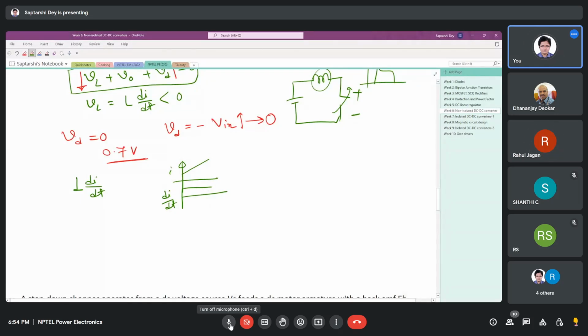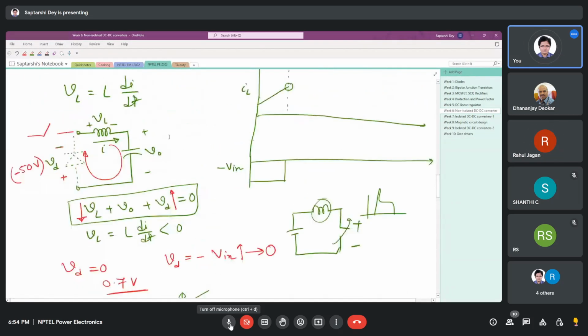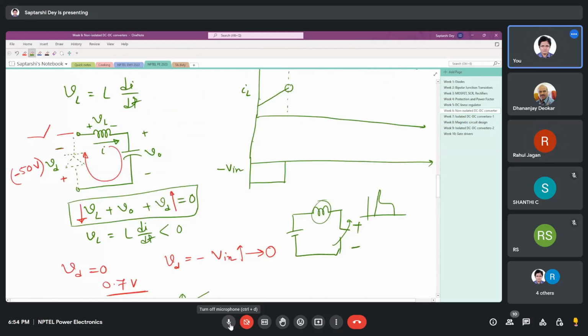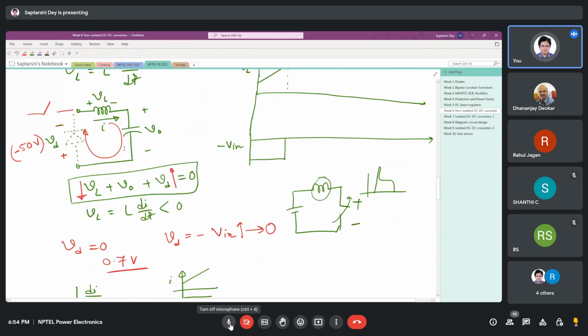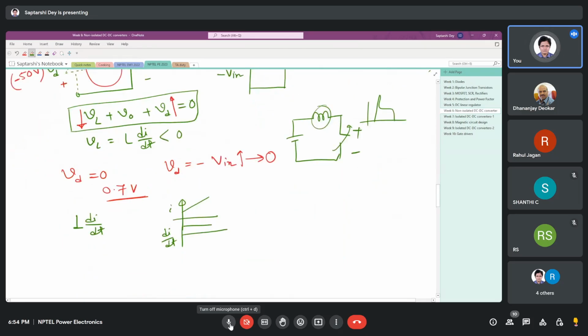Okay. Now I turned off the switch. I opened the switch. Some current was flowing. Suddenly the current has no path to flow. You were there in the class when I discussed inductor circuits and turning off the circuit suddenly. No, sir. Okay.